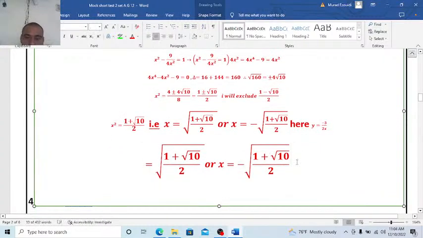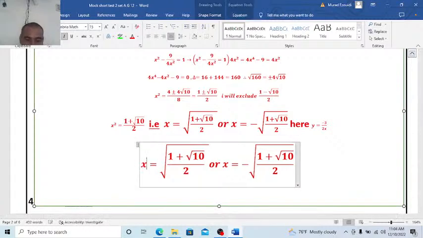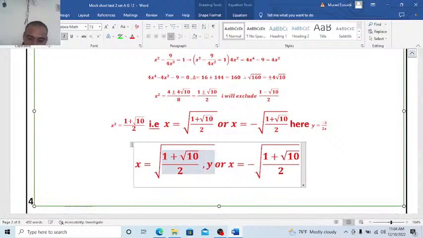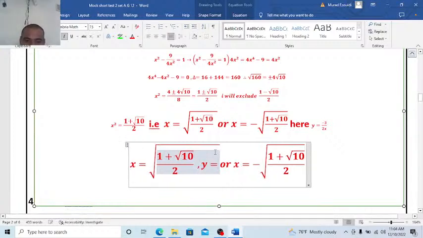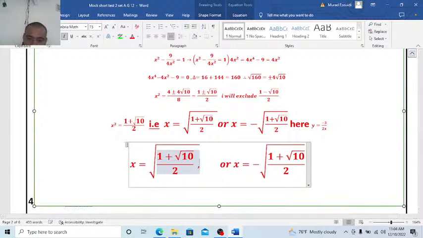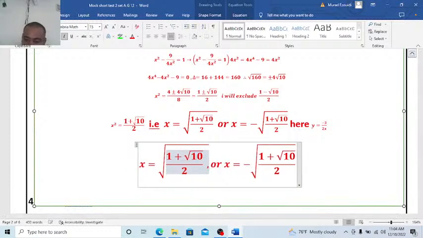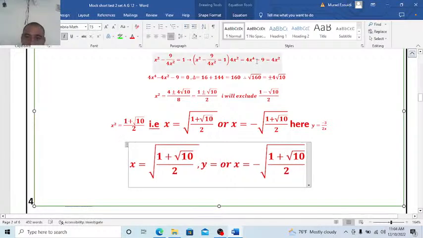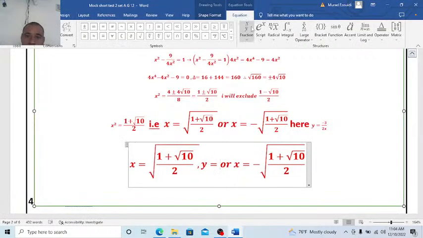Okay, therefore if x equals this, therefore y is equal to what? Y is equal to what, my learners?